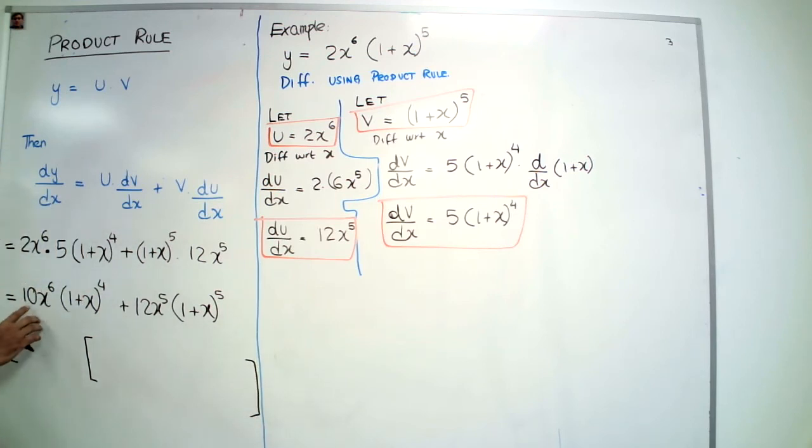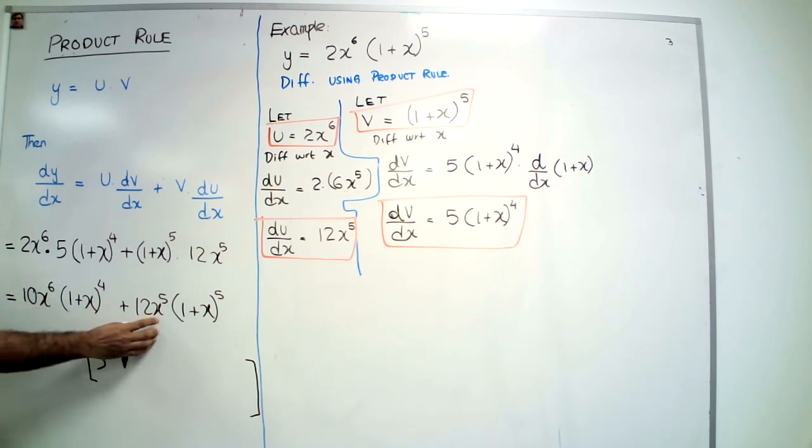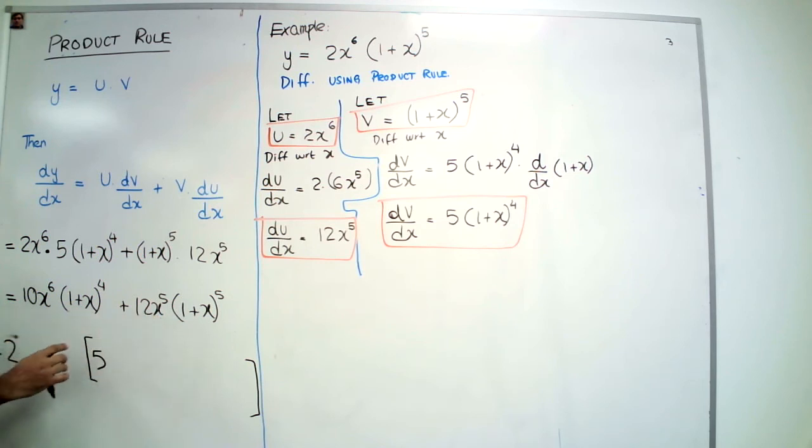So this one becomes a 5 because 2 times 5 is 10. Now, this is x to the power 6 and this is x to the power 5, so I can take the x to the power 5 common.